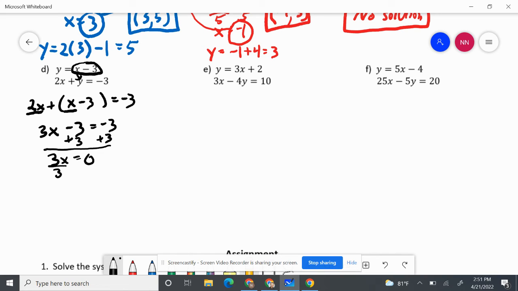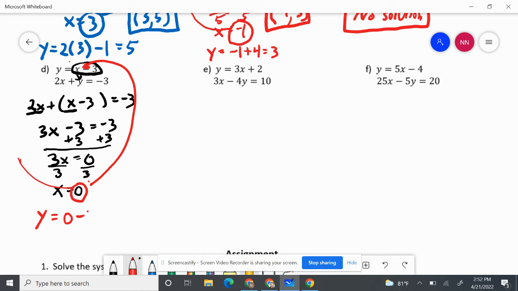I divide by 3, and x is equal to 0. So I'm going to take that 0 and plug it in for the x. So I have y equals 0 minus 3. 0 minus 3 is negative 3. So my answer is 0, negative 3.